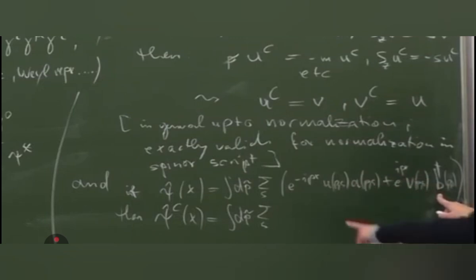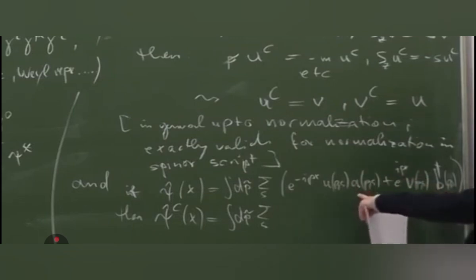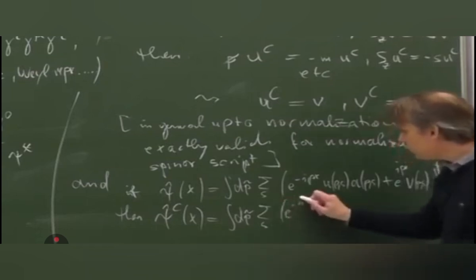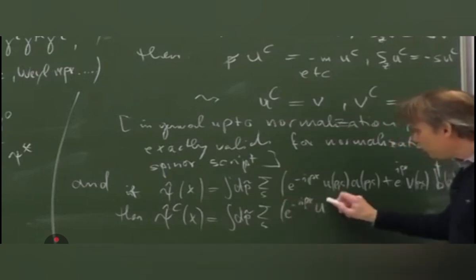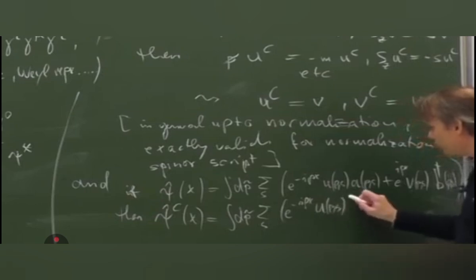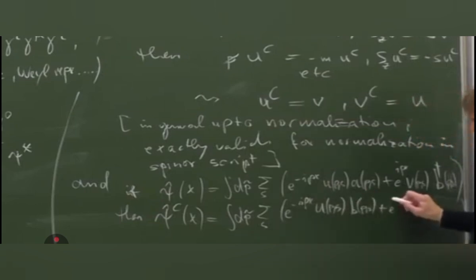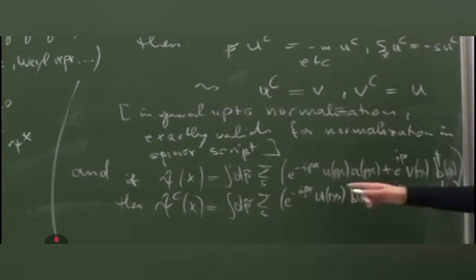That means A and B are reversed. They exchange their role: e to the minus i p x, u of p comma s, b of p comma s, plus e to the i p x, v of p comma s, and a dagger of p and s. So that's the simple rule.